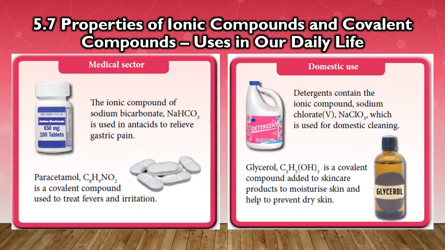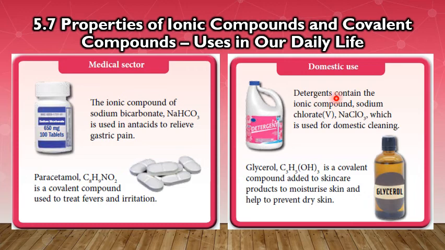Next, in the medical sector, the ionic compound sodium bicarbonate is used in antacids to relieve gastric pain, and paracetamol is a covalent compound used to treat fevers and irritation.